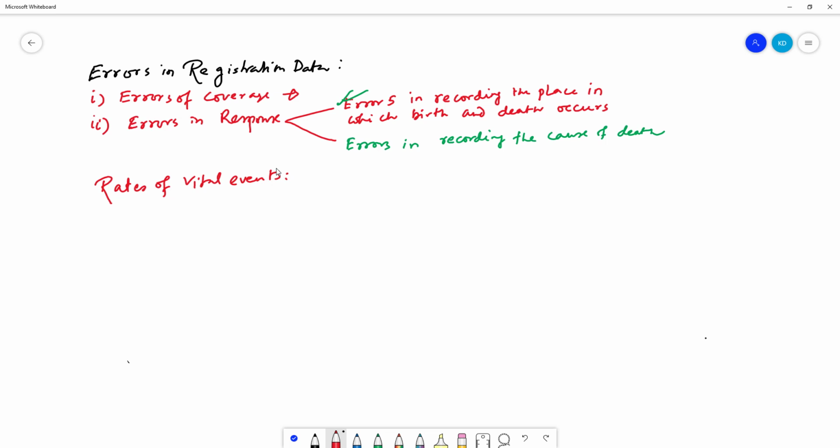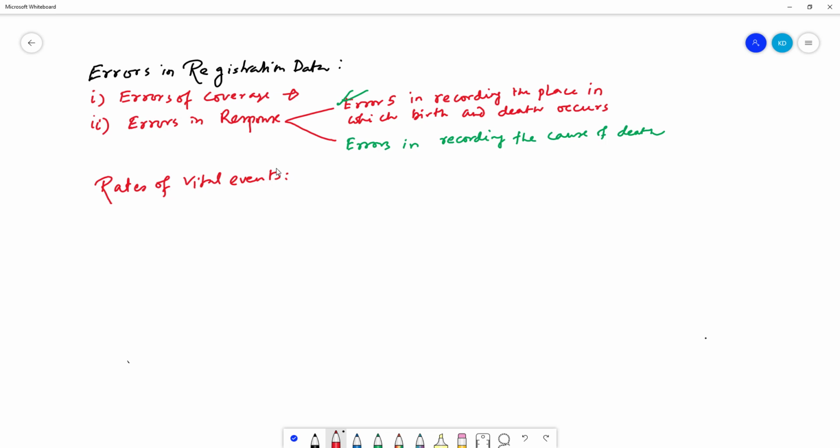Therefore, it is necessary at least to know the population size of each community to have an idea as to their relative mortality situations.